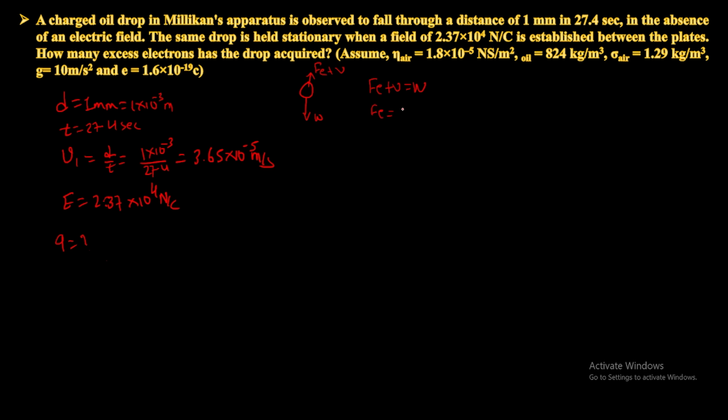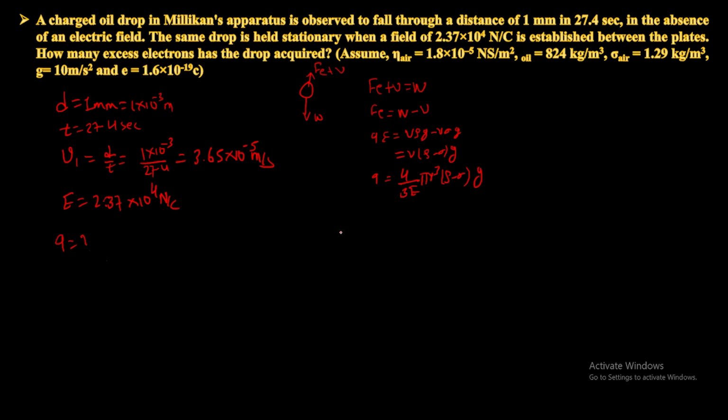So Fe equals W minus U. That means QE equals V rho g minus V sigma g, so V bracket rho minus sigma g. So Q equals V, that is 4 by 3 pi r cube, bracket rho minus sigma g, and the electric field we have to take in the denominator on the other side.